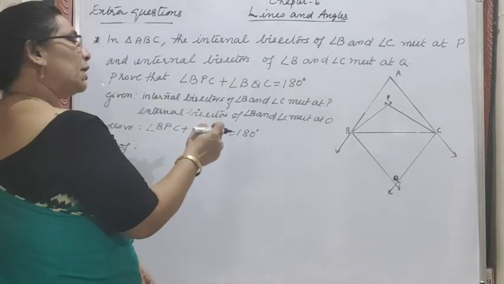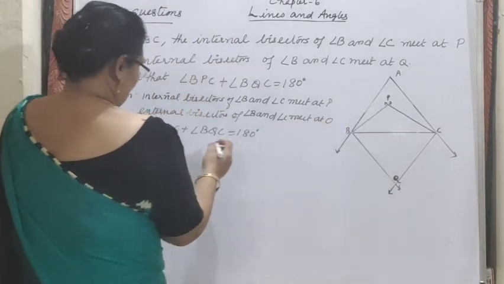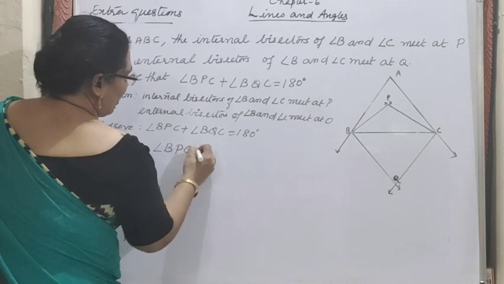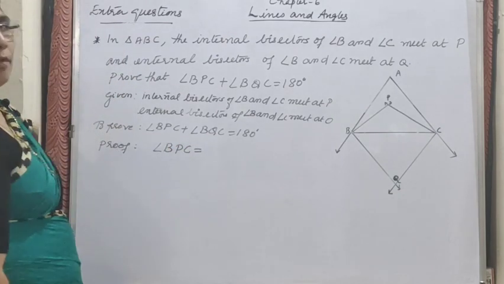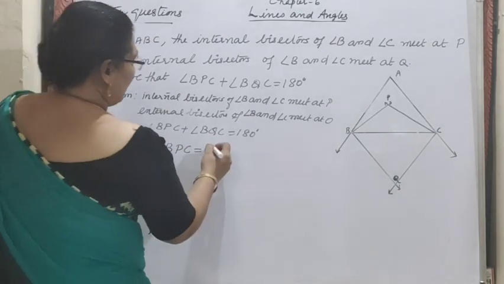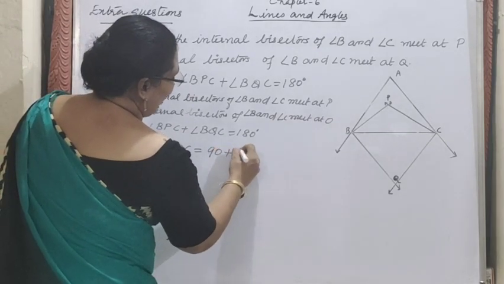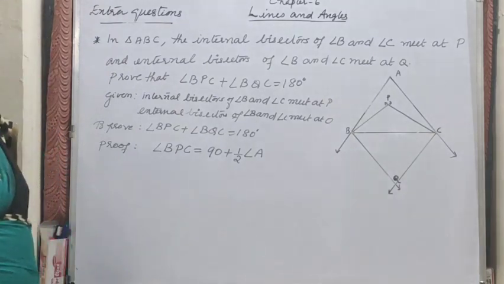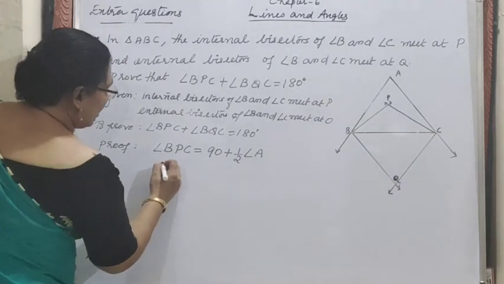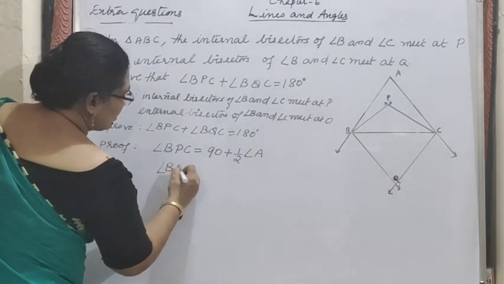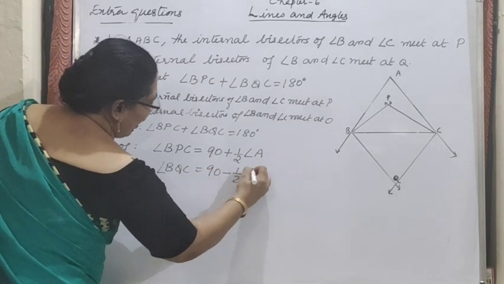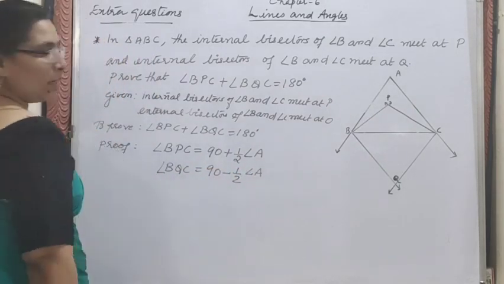So therefore the internal bisector angle BPC. So we know that only we will write, we are not repeating the proof here. Angle BPC means 90 plus half of angle A. Right? Angle BQC means 90 minus half of angle A. Right?